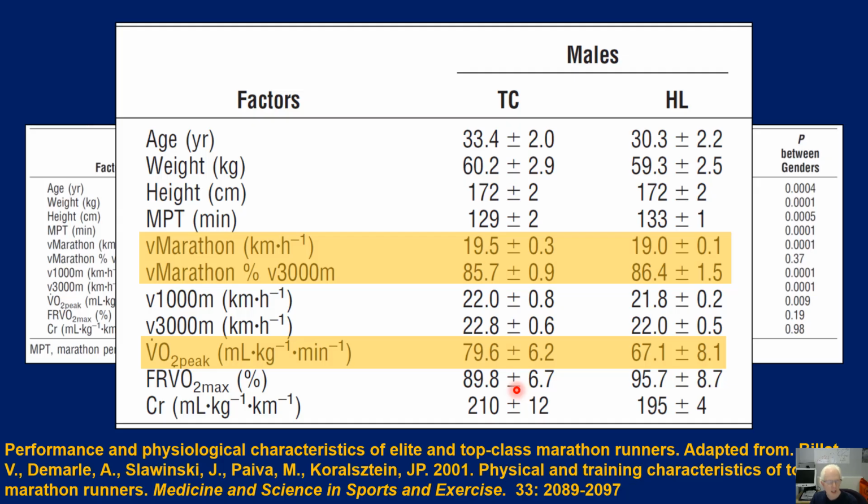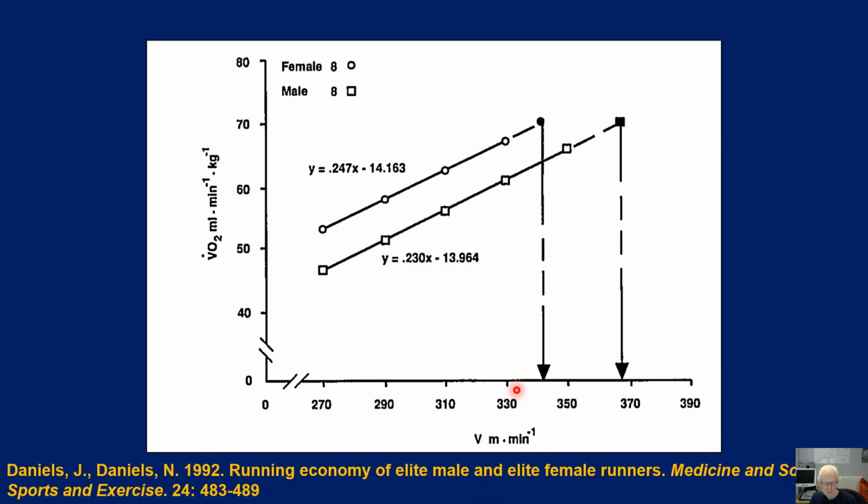So if we come a bit further forward, this is from Jack Daniels, and this was published in the early 90s. But this is, again, really nice data, because what we've got here is males and females. And again, ignore the extrapolations. So what they've done is they've taken these points here as VO2 max and extrapolated back to the x-axis.